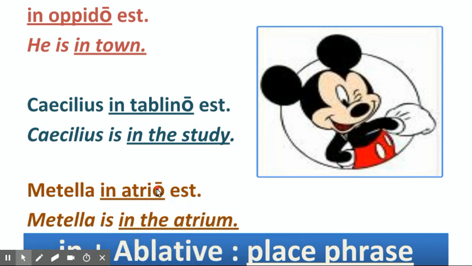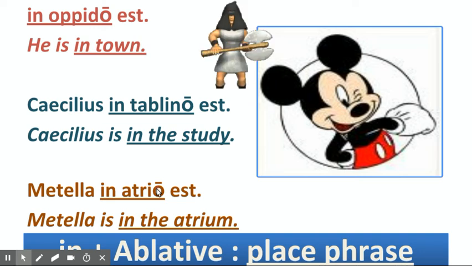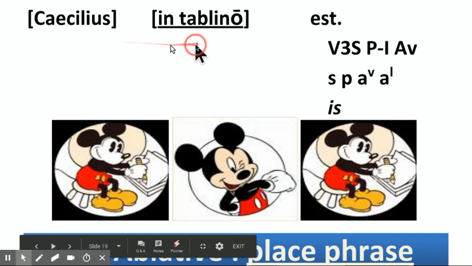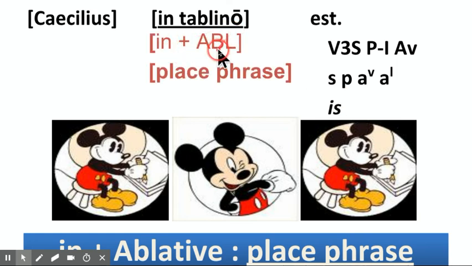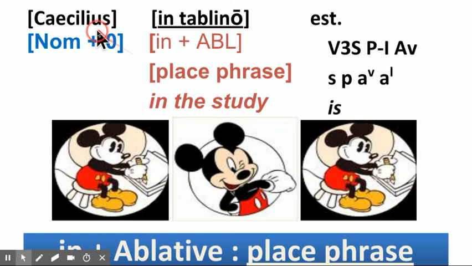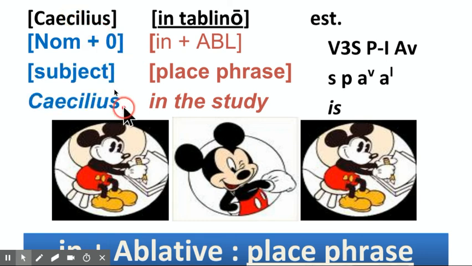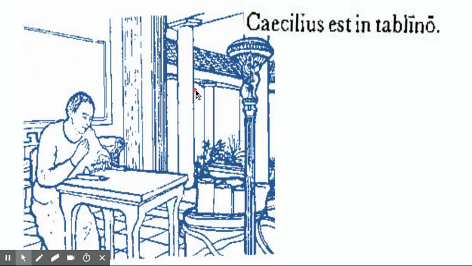So Metella is in the atrium. All right? And therefore, when we mark it out, est, third person singular, PIAV, simple present active actual, is. Who is? Well, we have in plus ablative, place phrase, in the study, and then we also have Caecilius, nominative plus no other signals, subject phrase. So subject phrases and place phrases.